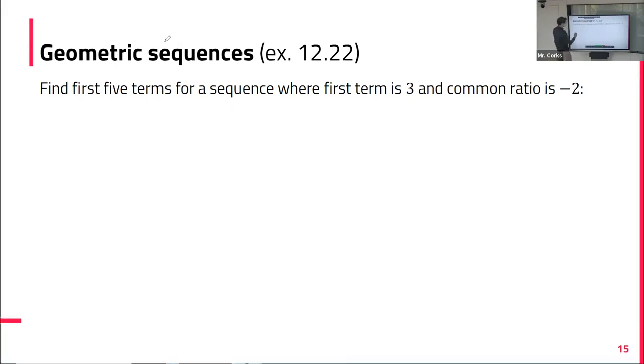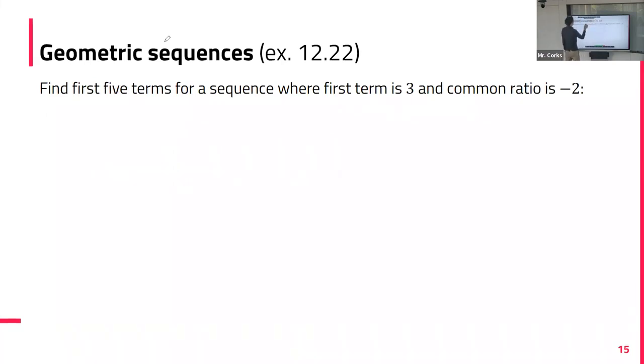Our first term is 3. The common ratio, we're not applying that to the first term, we apply it after the first term. So that's a common mistake. So 3, the next term is -6, and so on. So there is our pattern for this, just multiplying by -2 each time.